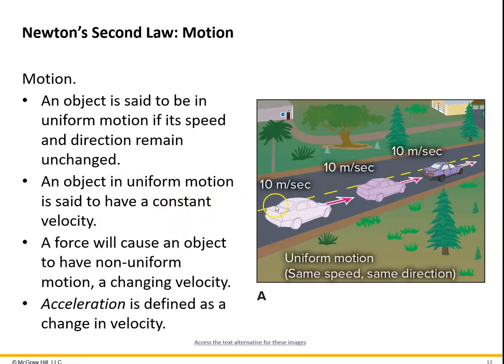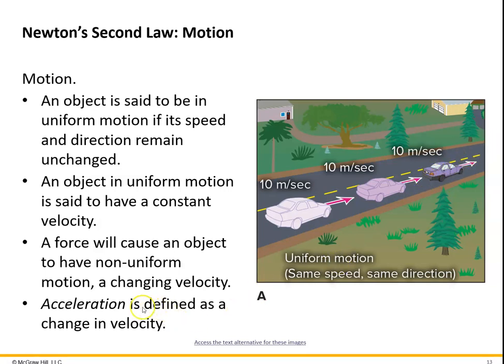What happens when there's a net force? Let's say you're driving down the road, the speed limit changes, and you push the gas to get up to 65 or 70 miles per hour. The engine provides a net force on the axle and the tires, the tires provide that force onto the road, and so the car accelerates down the road.